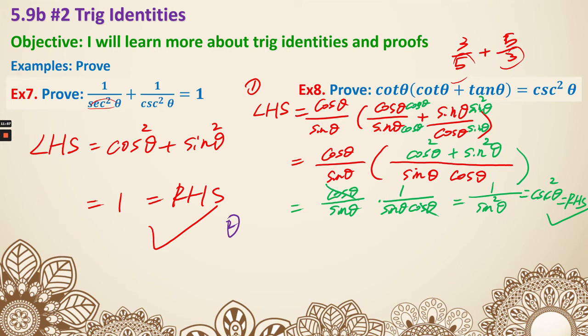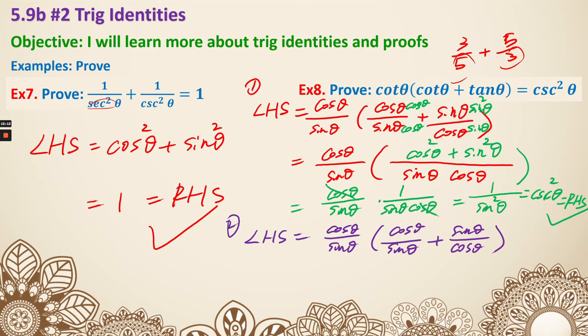Let's start with the first step again, cosine over sine, and you have cosine over sine plus sine over cosine. After that first step, you have parentheses, so you can actually choose to distribute. The third method is basically without changing them into sine and cosine, distribute right away.